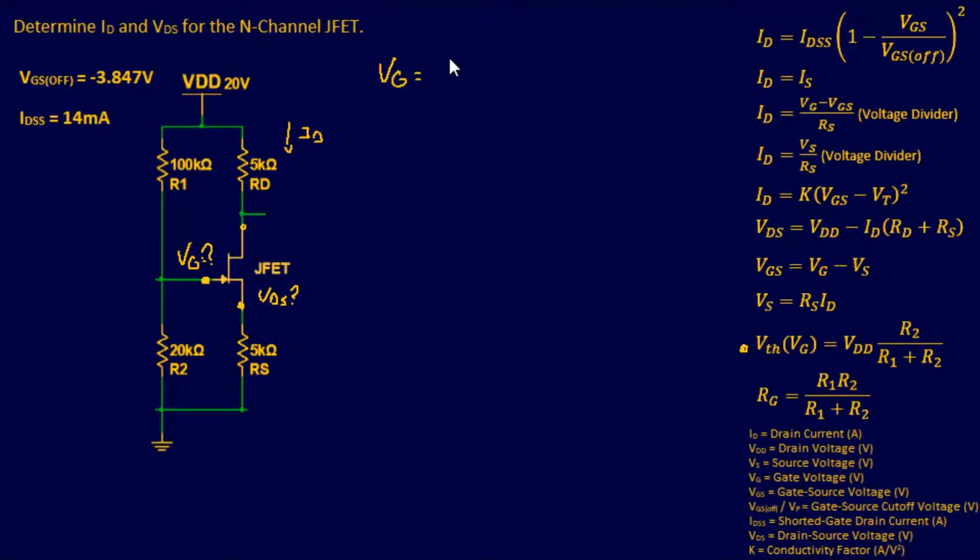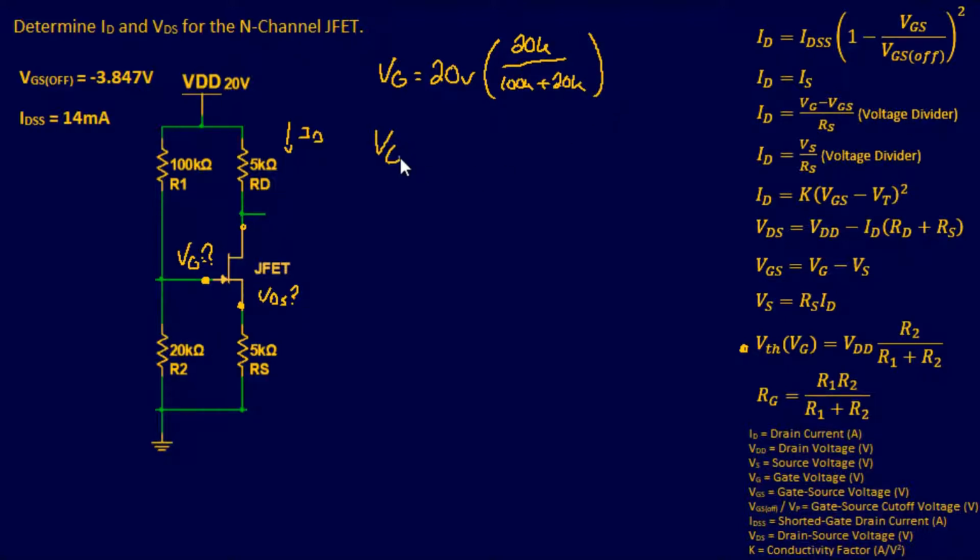So if I use this equation over here, it's going to be your gate voltage equals 20 volts times R2. R2 is going to be this one down here, which is 20K. Now be aware, I have my equation set up as R2 over R1 plus R2. Some of your books may have R2 up here and R1, so be aware of how yours is set up. If yours is set up the same as mine, you're good to go. Anyway, over 100K plus 20K, and then close parentheses.